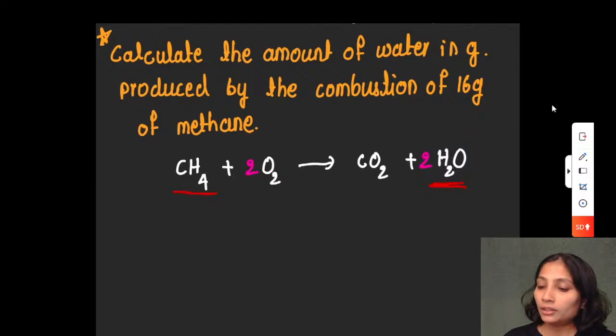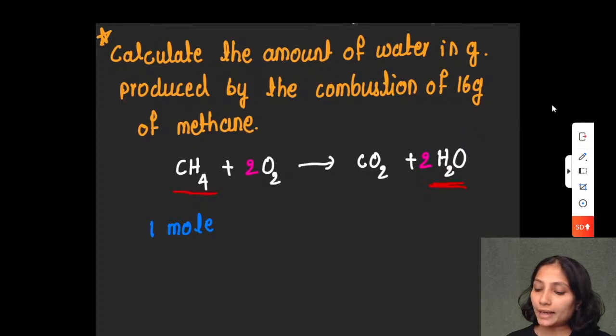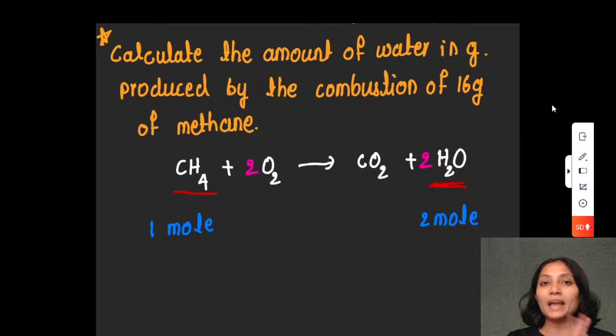In the given equation, what do we have? One mole of CH4 reacts to produce 2 moles of water. This we get by the balanced chemical equation. 1 mole of CH4 produces 2 moles of water.